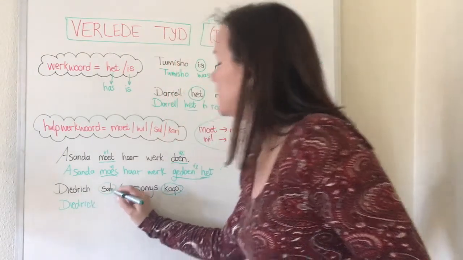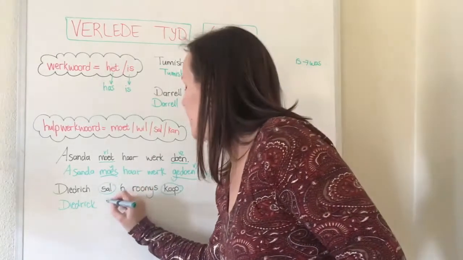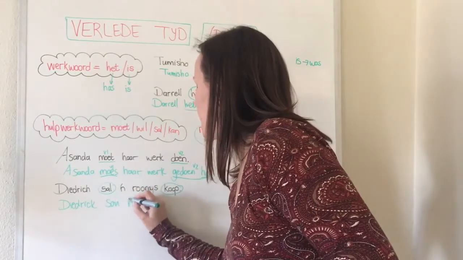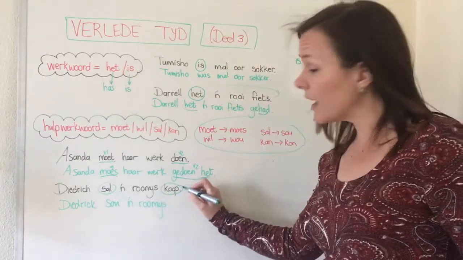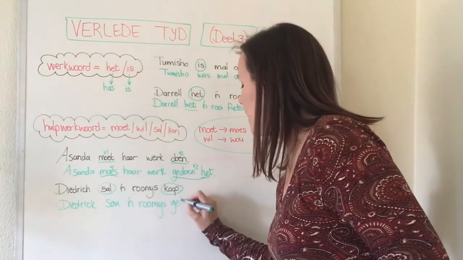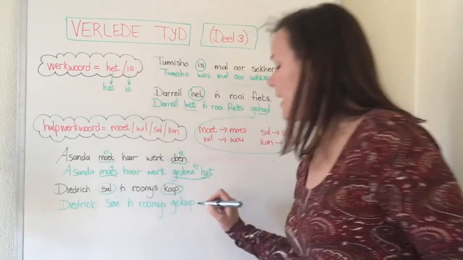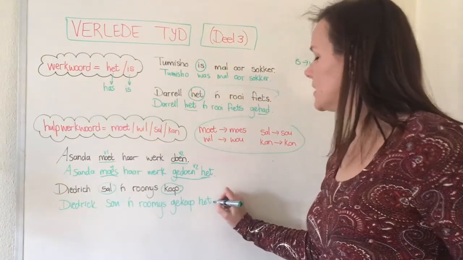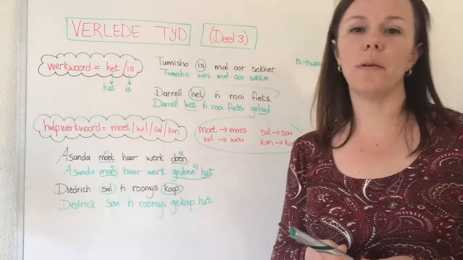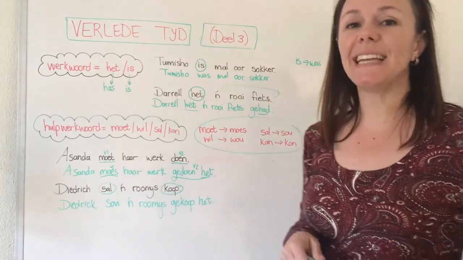Dedrick sou, then I have my object, 'n roomys. Then I need to add ge to my main verb, gekoop. And then at the end I have het. Dedrick sou 'n roomys gekoop het. Hope that makes sense, guys.